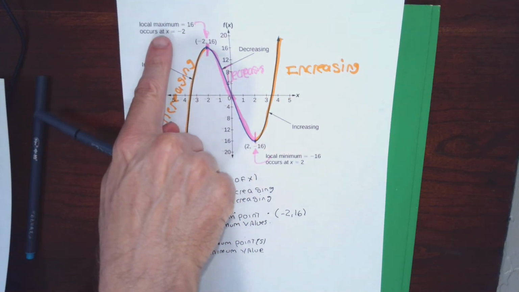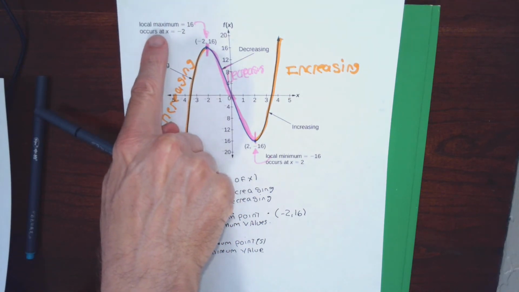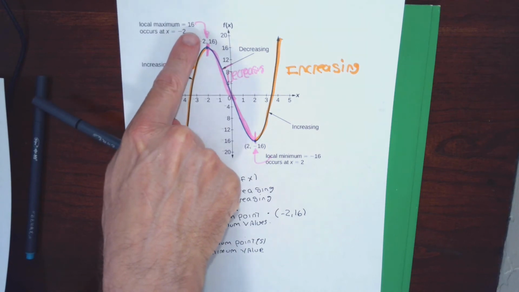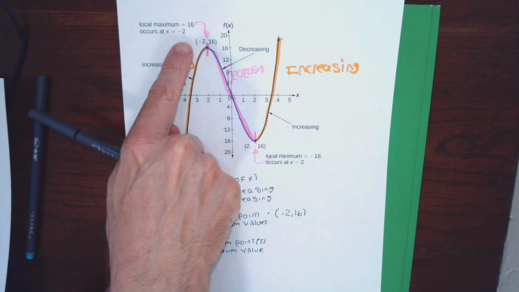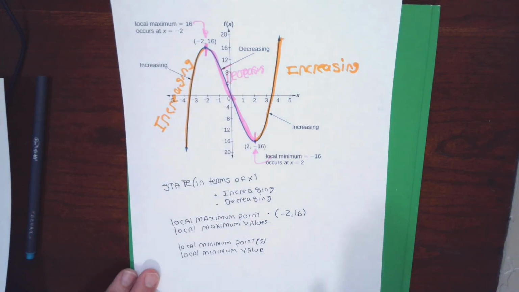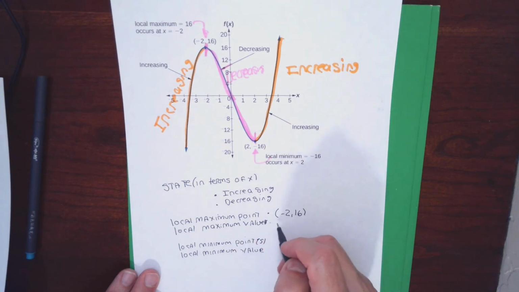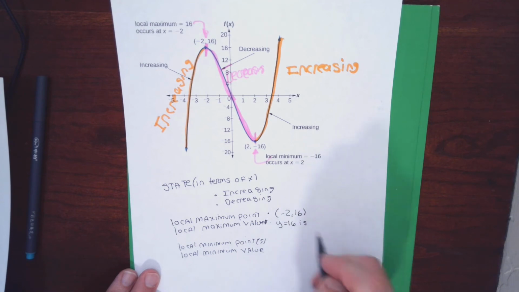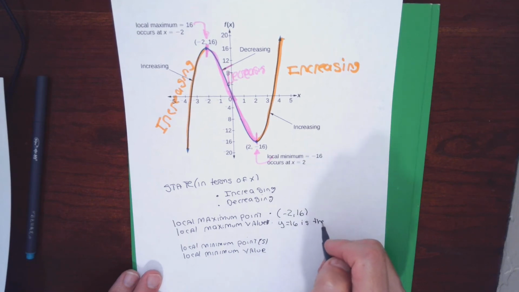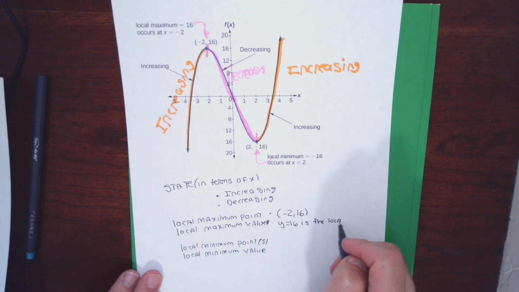And the author or the creator of this graph defines this. He says the local maximum value, the y value 16, which occurs at -2, is larger than any y close to it. So the local maximum value in this case, I'll say y equals 16 is the local maximum value.